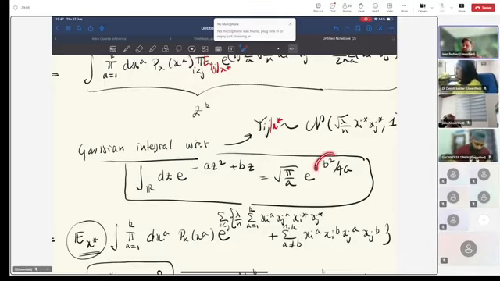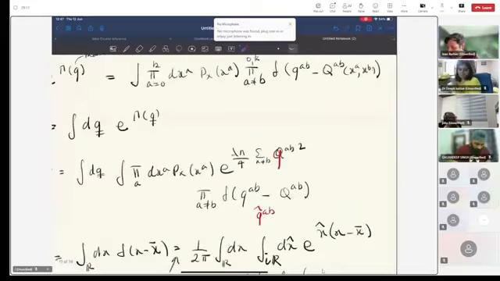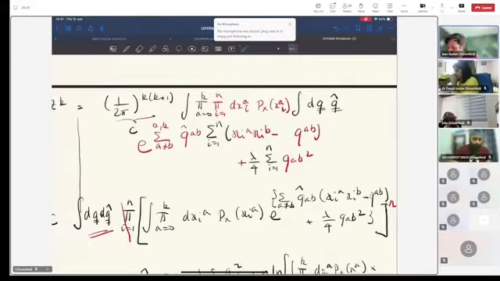You can go from quadratic to linear at the price of introducing a further integration variable. It's similar to what we've done here.